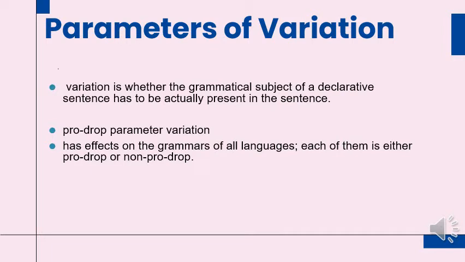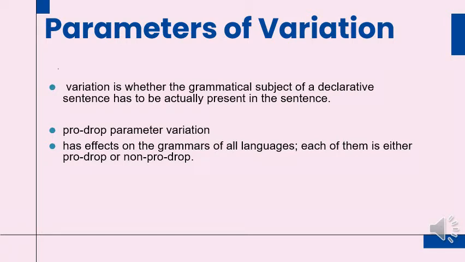The same is true for French, for English, and for many other languages. But in Italian, while it's possible to say "Lui parla", he talks, it is far more usual to say "Parla", talks, without an express subject. Declarative sentences are not required to have subjects. The same is true in Arabic and Chinese and many other languages.